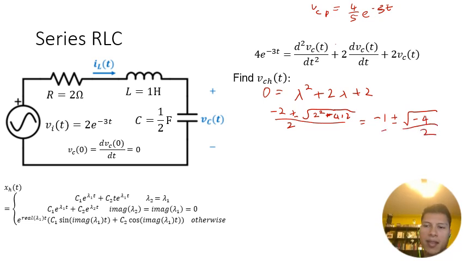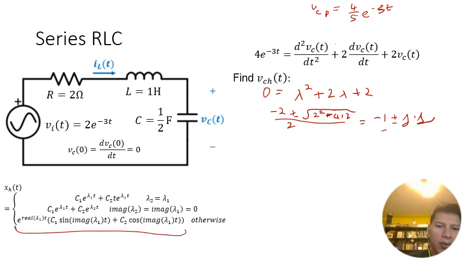That's just plus or minus j. Now that we have the solution to the characteristic equation, we get complex roots, so we have to choose this type of homogeneous solution.